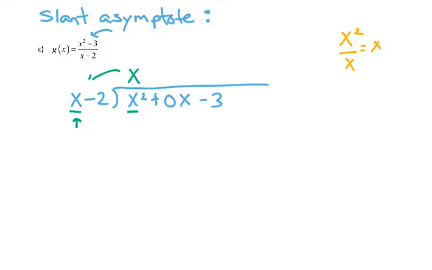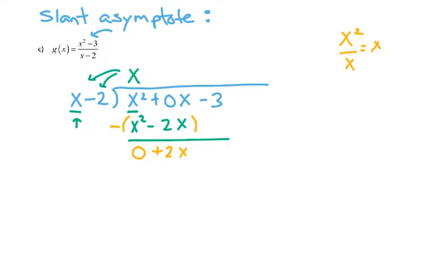Then we multiply and we get x squared minus 2x. And then we subtract. So x squared minus x squared, that is 0. 0x minus a negative 2x is plus 2x.